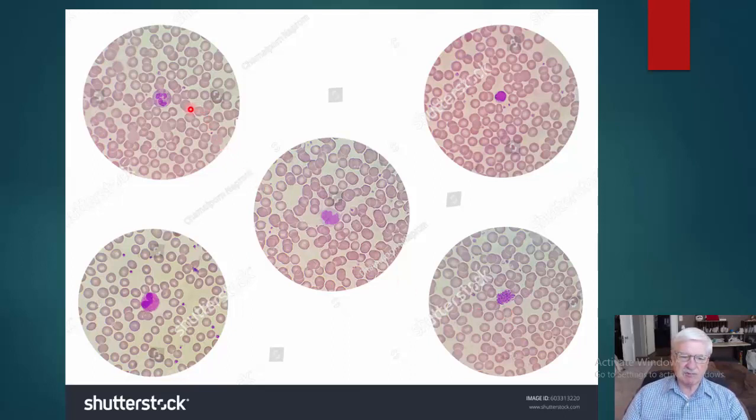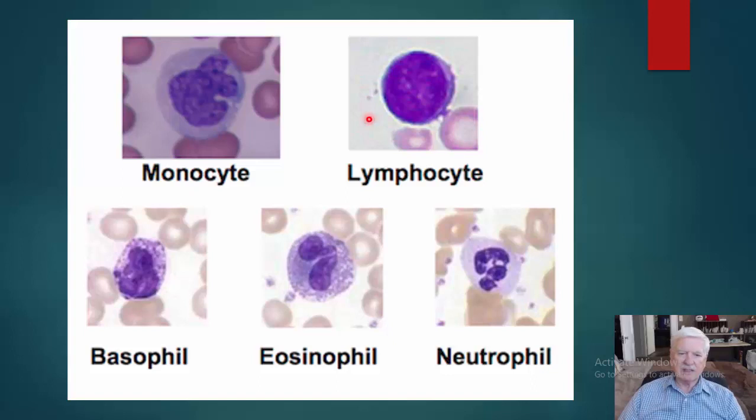So let's review them. This is a neutrophil. That's a lymphocyte. This is an eosinophil. This is a monocyte. This is a basophil. There's the monocyte.